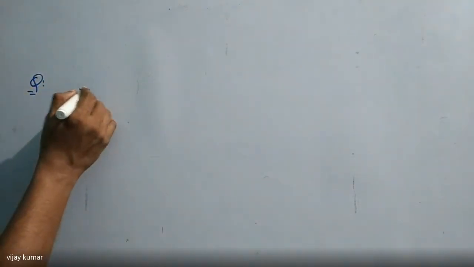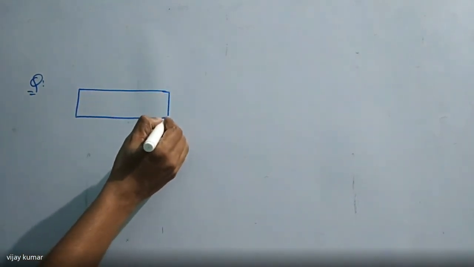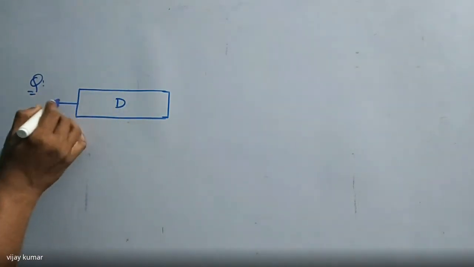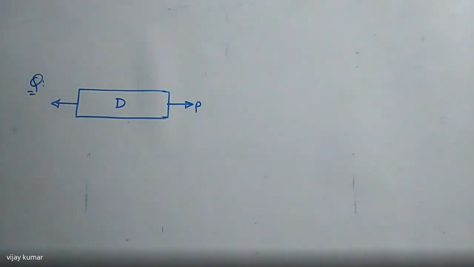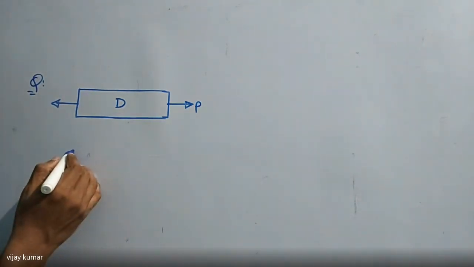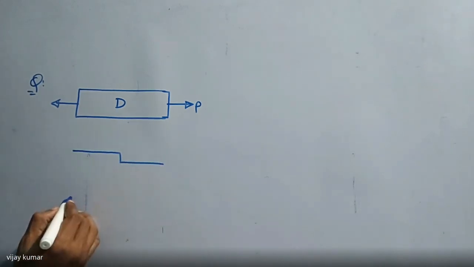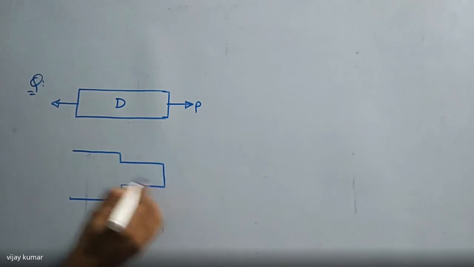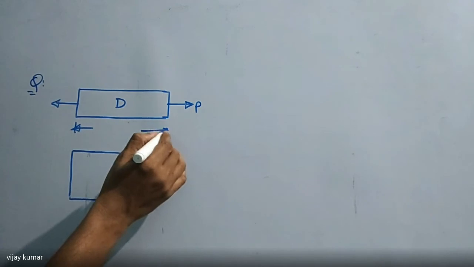A bar is given which has a uniform cross section of diameter D, subject to a load of P here. And here is another bar which has different diameters at different points, but its length is L here.